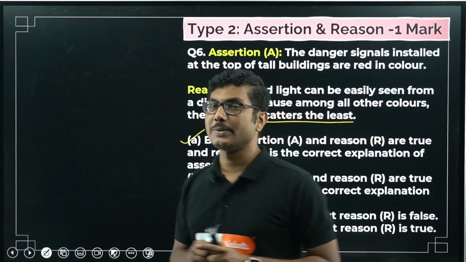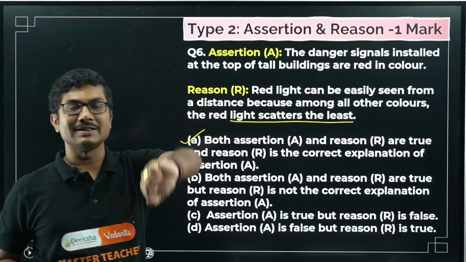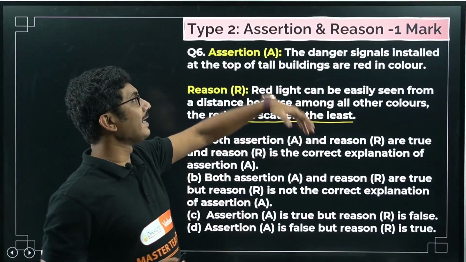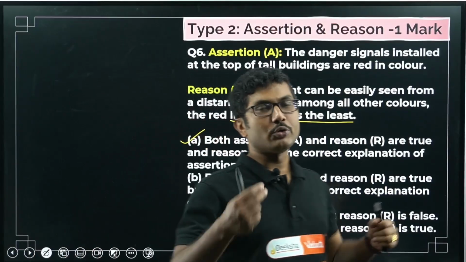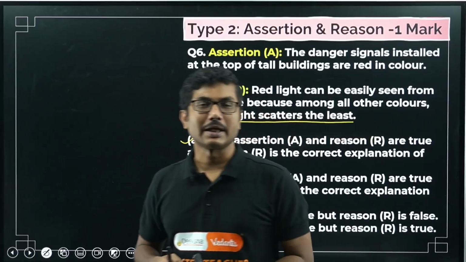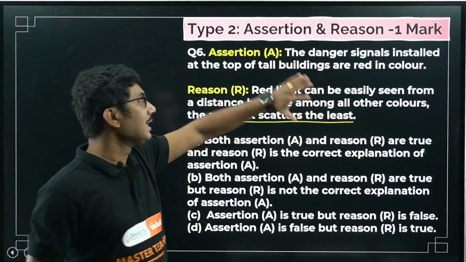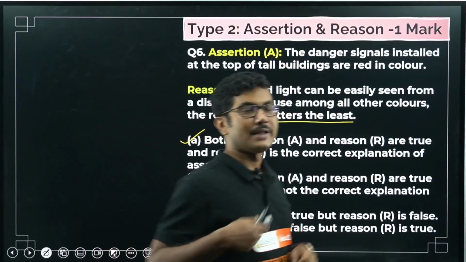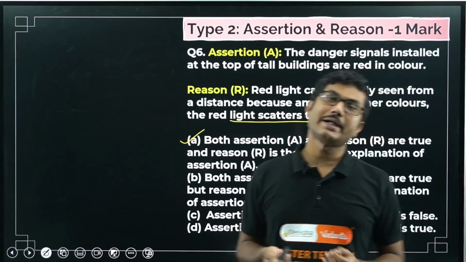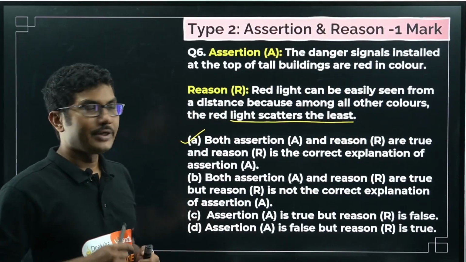If both statements are correct, then you have to determine whether whatever is given in the reason is correctly explaining the phenomenon given in the assertion. If that is so, then both are correct and the reason is the correct explanation. But if they are not dependent on each other, and they are individually correct on their respective terms, then you can say both are correct but the reason is not the correct explanation. Okay, that's how you determine.